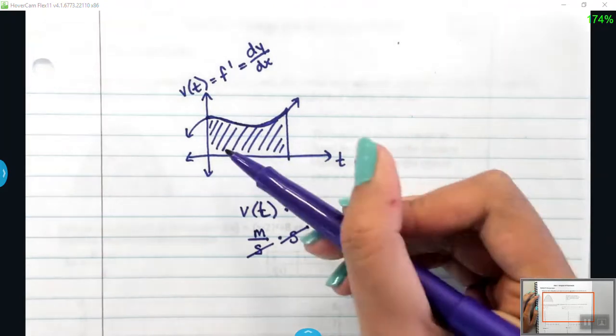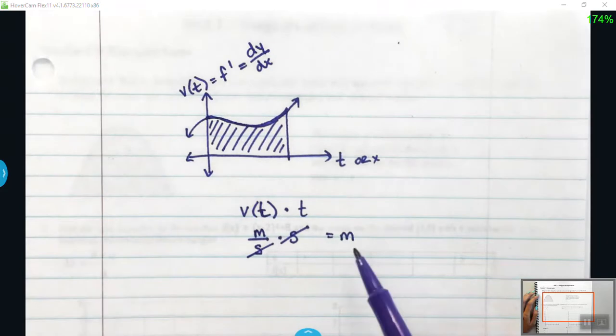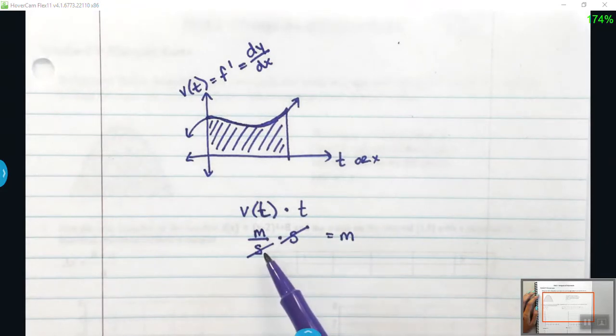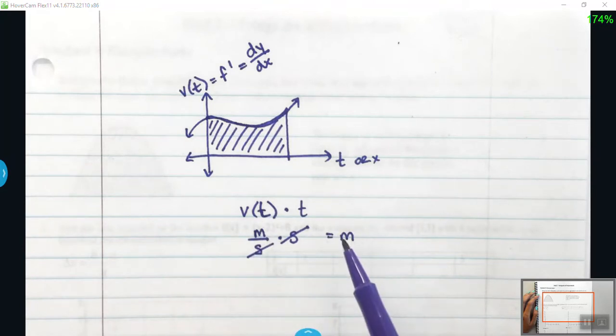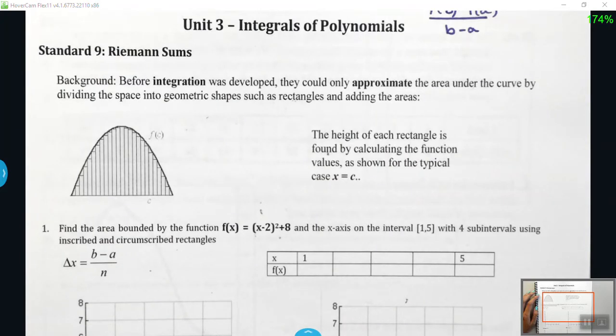So when you find the area under the curve, it kind of undoes a derivative, because here you have a rate of change, and when you integrate it, you go backwards to just meters. All right. So that's the whole point of integrals, it's like the inverse operation to derivatives.